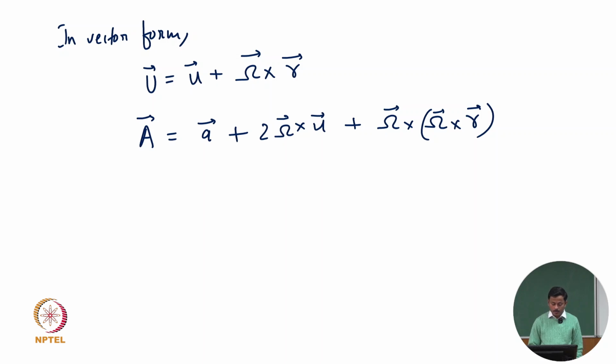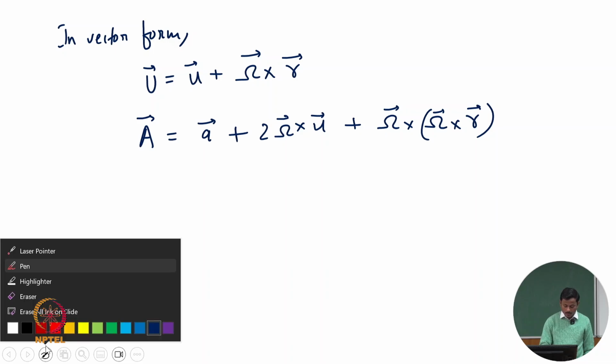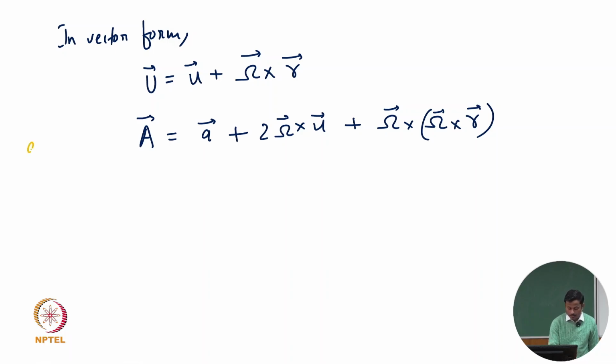So in vector form, these are the forms of the absolute acceleration, capital A, and the absolute velocity, capital U.